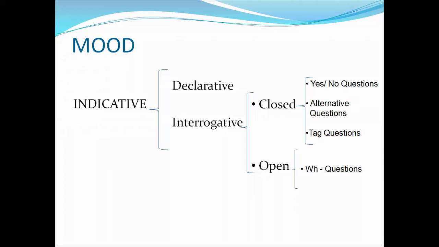And open type is an information question. It wants to get a lot of variety, diversity of answers and information from the speaker or hearer. There can be both ways of question.